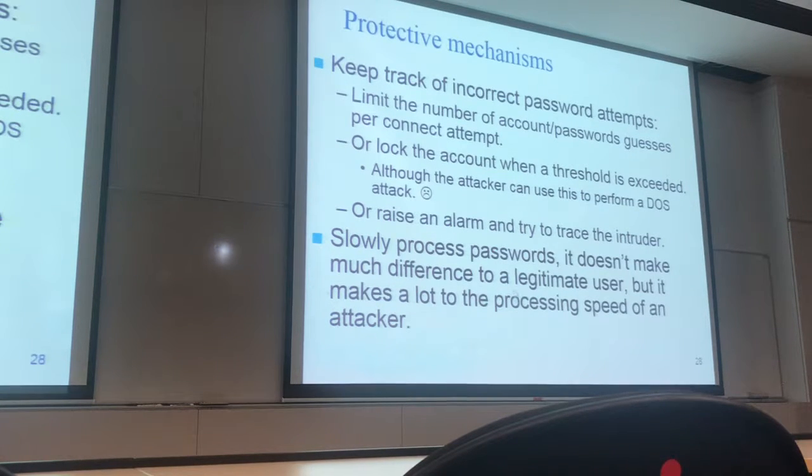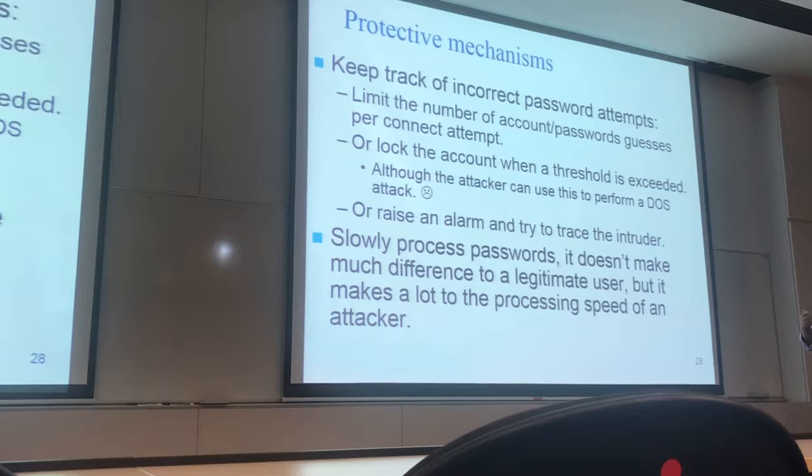Another way is to slowly process the password. This is done by some password systems. This is called password stretching. If you search on the internet, you will find password stretching. Essentially, instead of immediately telling the answer, we may slowly process this verification.